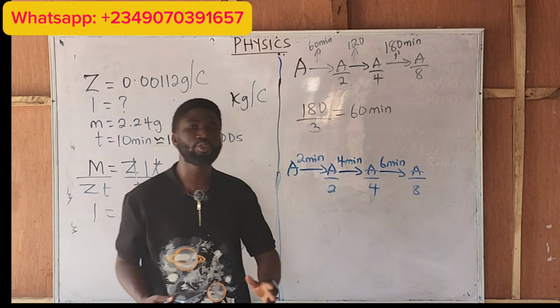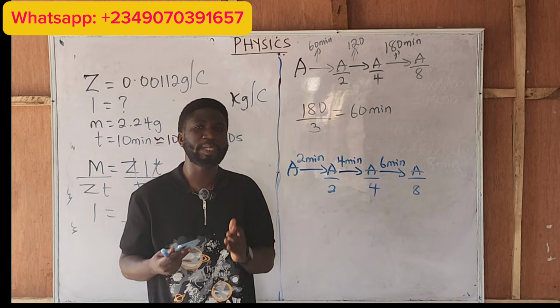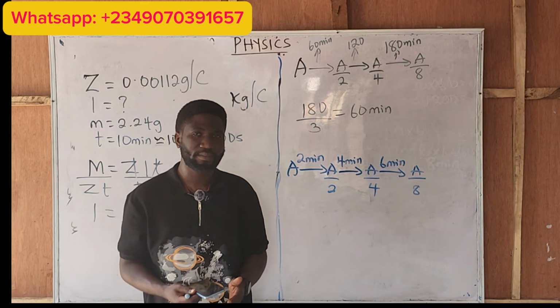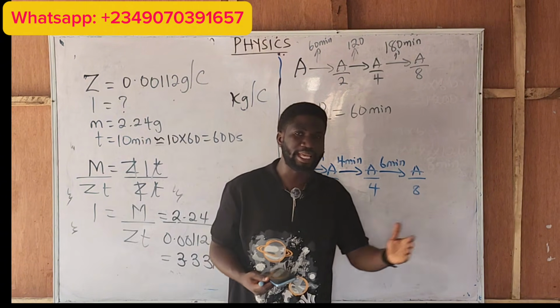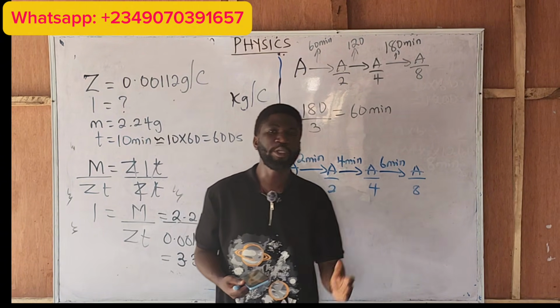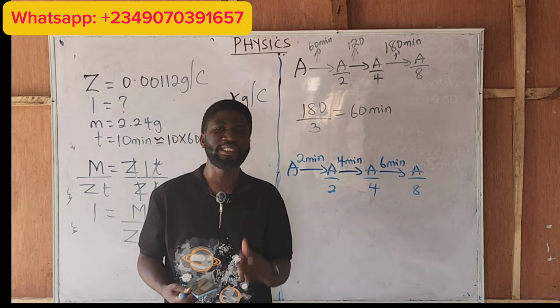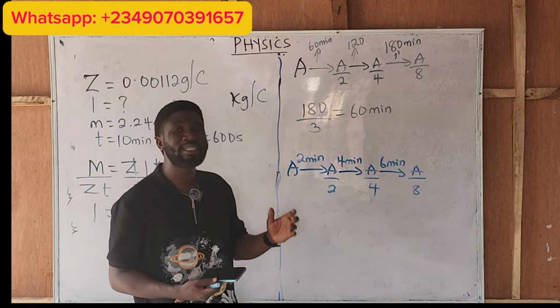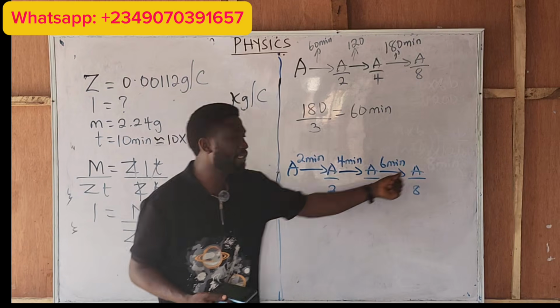And you can also be told to find the value of the substance that has gotten decayed. There's a difference between you being told to find the value of the substance left and you being told to find the value of the substance that has gotten decayed or disintegrated. So for us to get the value of the substance that has decayed, that would give us A minus A/8.